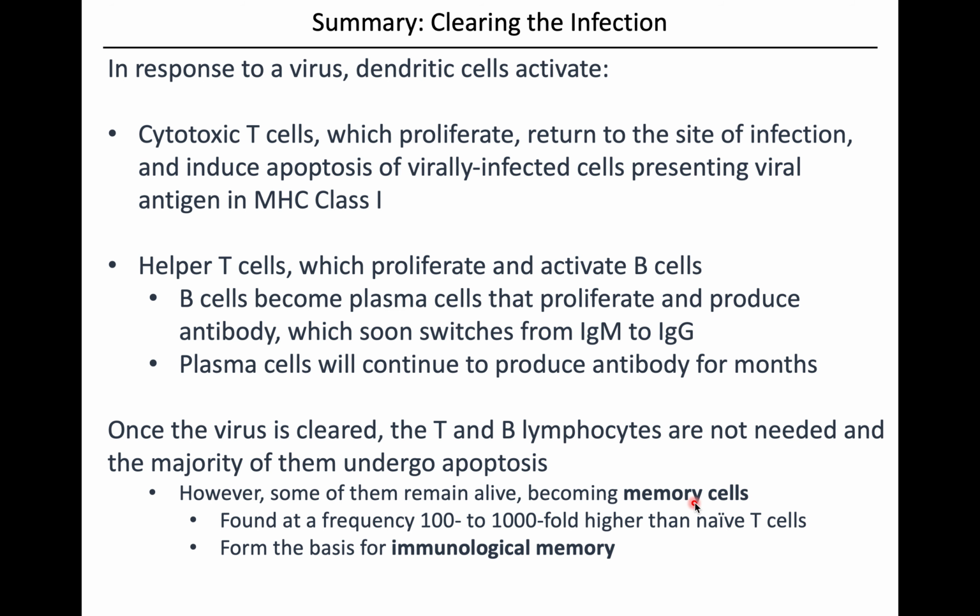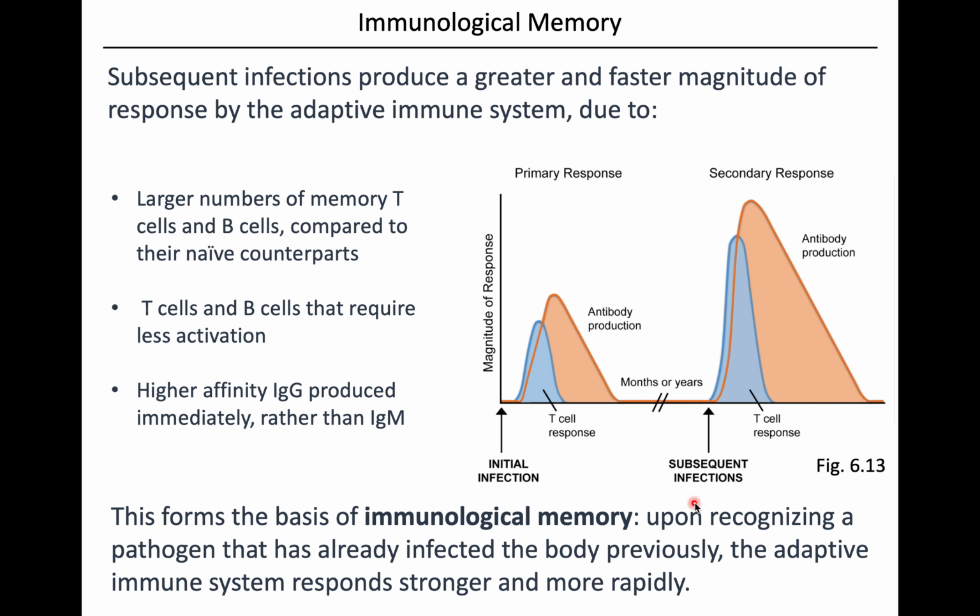And that's really the power of the adaptive immune system: if you see the same pathogen months or years after the initial infection, you will get a secondary response that is not only much faster, right? You can see we're jumping into the adaptive response very quickly, but the magnitude is much higher.